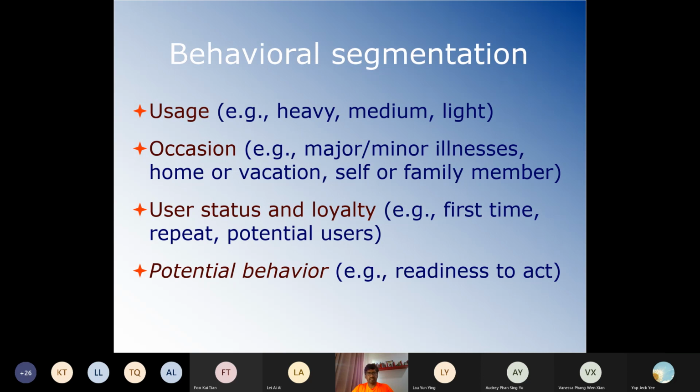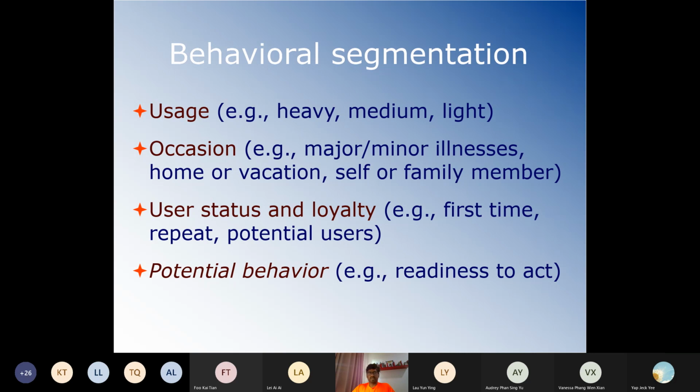So as you see here, usage, whether they are a heavy user, medium user, or light user, and occasions, whether major or minor illnesses, home or vacations, whether they are a regular buyer or occasional buyer, and self or family member. So whether they buy it for themselves or for the total family. Now you see we buy the sanitizer for the total family. We buy the mask for the total family. So it becomes the behavior now.